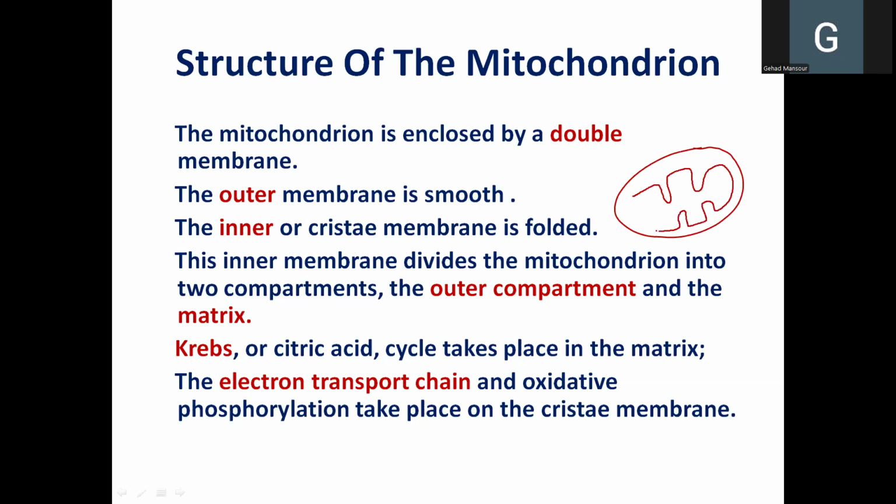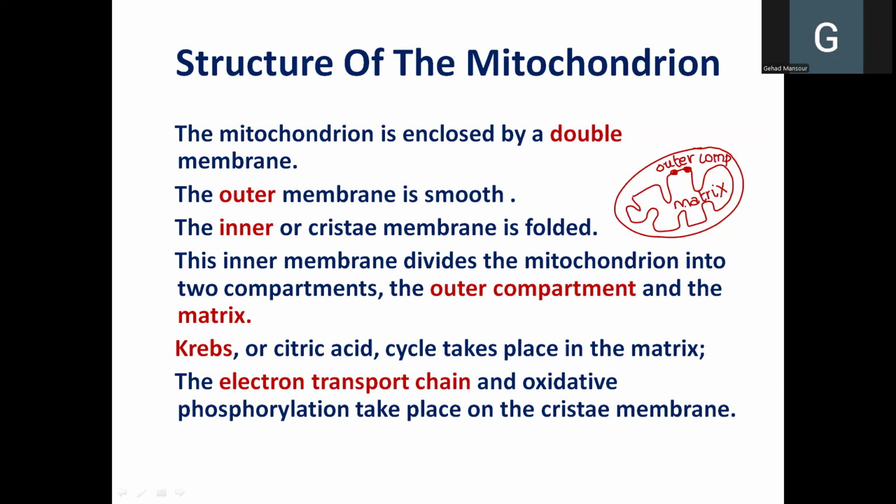This is the inner mitochondrial membrane. So we have two compartments. The inner one, the inner mitochondrial compartment, is called the matrix, and the outer one is simply called the outer compartment.